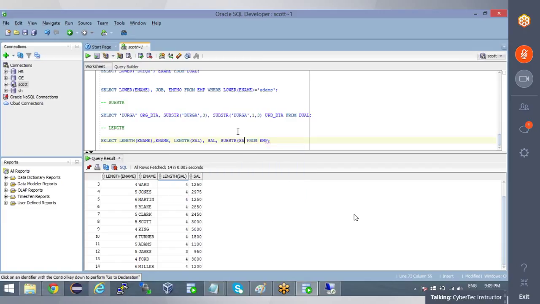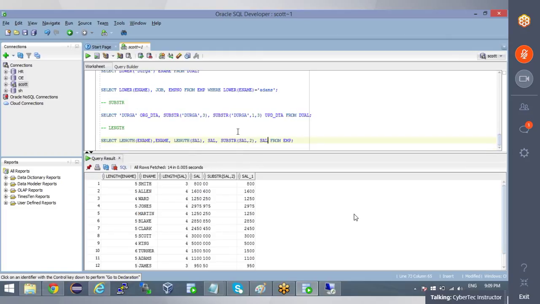If I say substring from 2, comma salary, see this substring, what is happening? We are saying to start the extraction process from the second position. Now what is the second position from 800? It starts with 0.